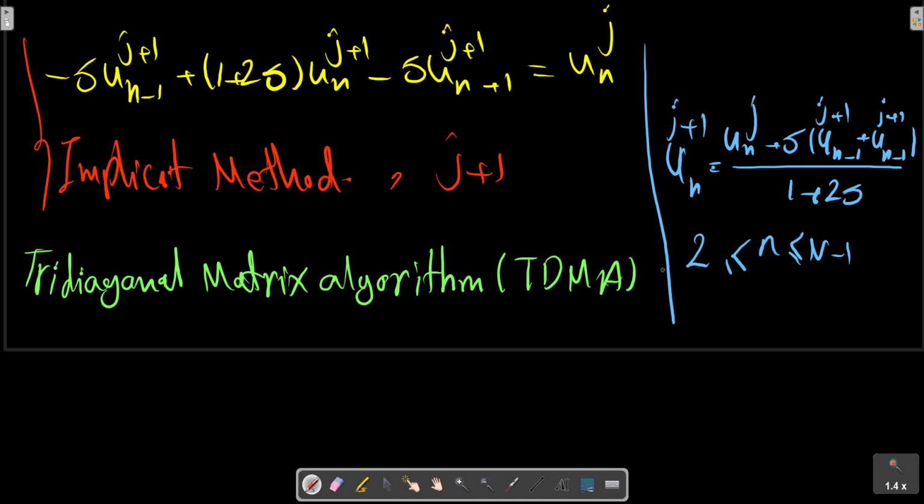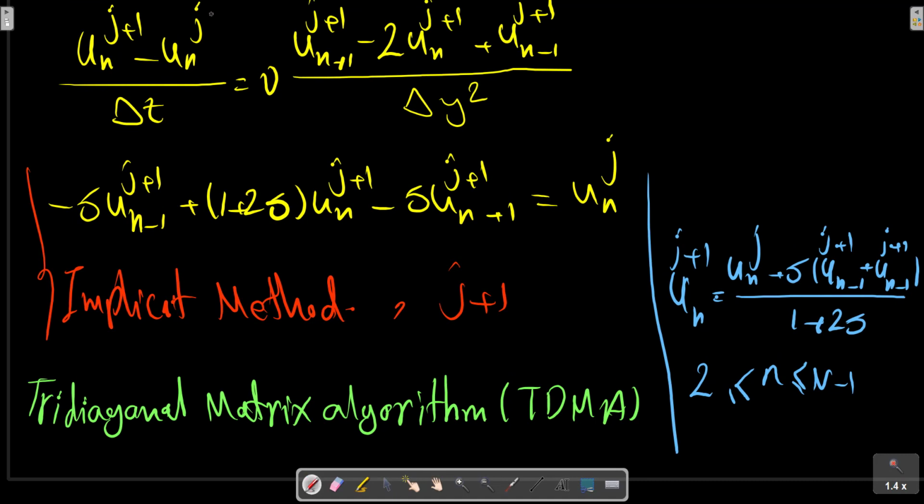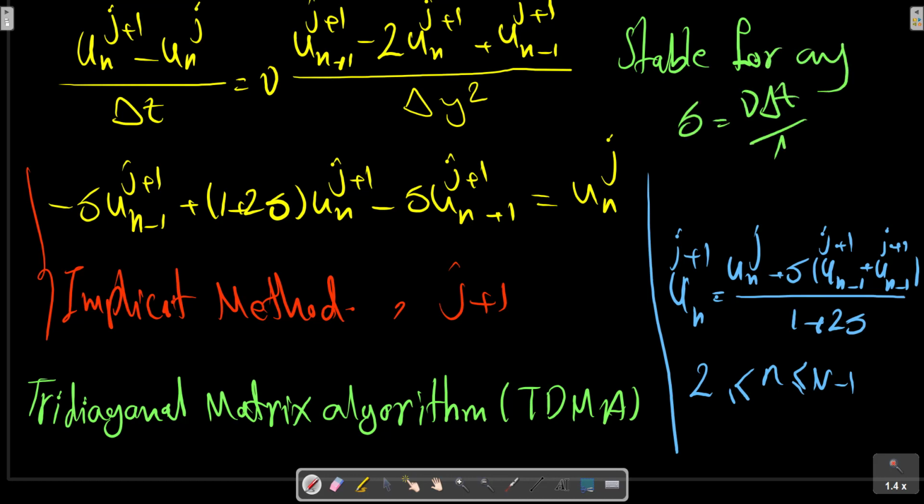This implicit method is stable for any sigma, however large. To ensure accuracy though, one should keep delta t and delta y small compared to the basic time and length scale of the problem.